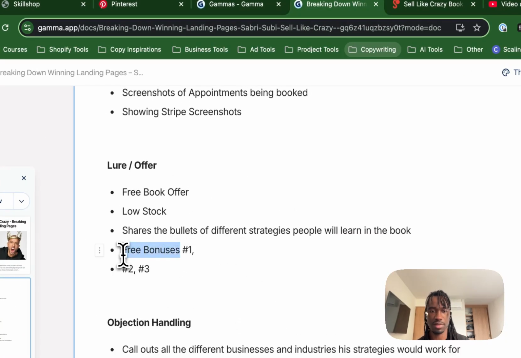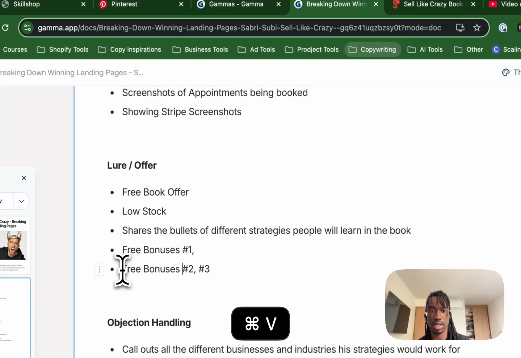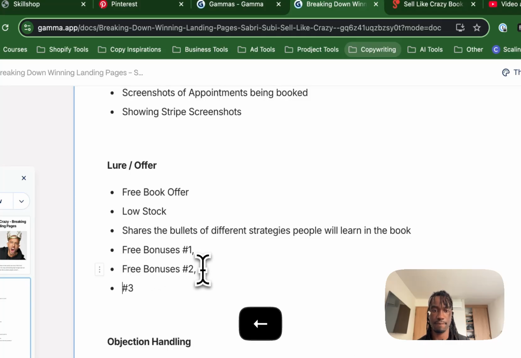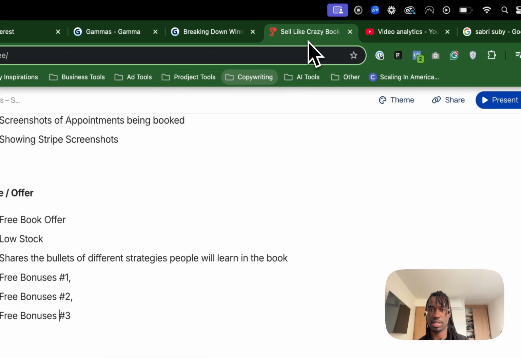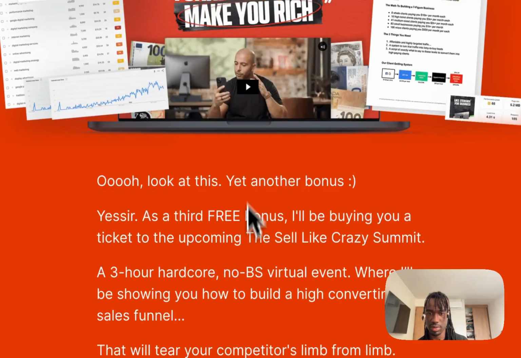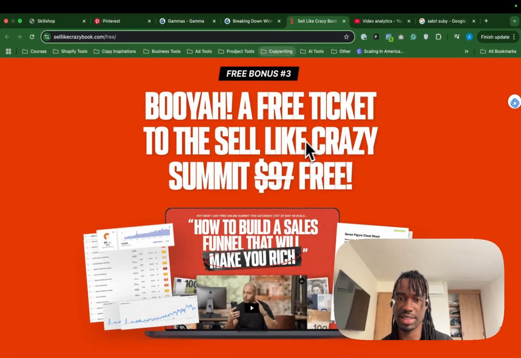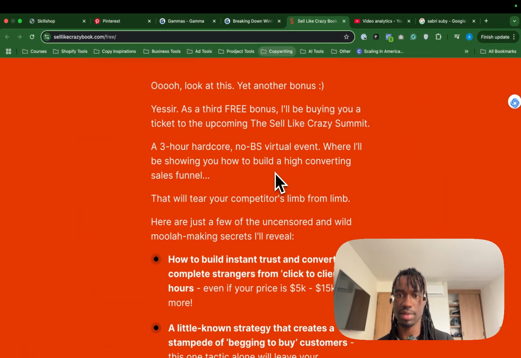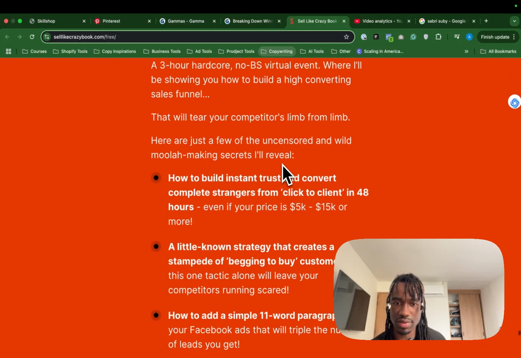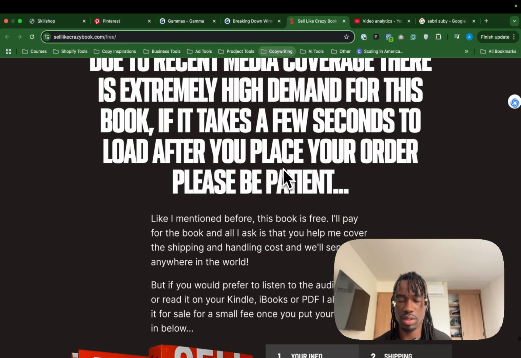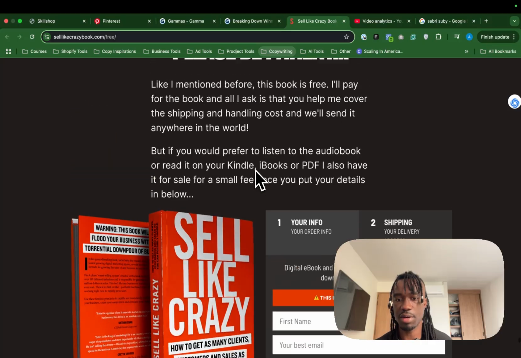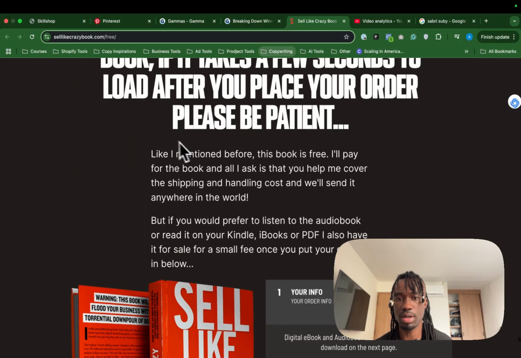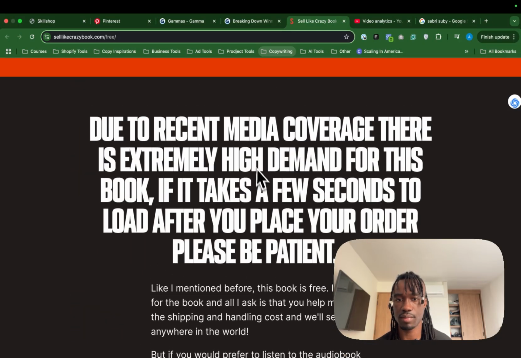To be fair, these are all different bonuses, so I should actually make them like this. So you can see here, he's even giving these different offers, a free ticket to the Sell Like Crazy Summit, right? And it's a virtual event here, right? And then at the bottom, you can actually go and buy the book here, right?